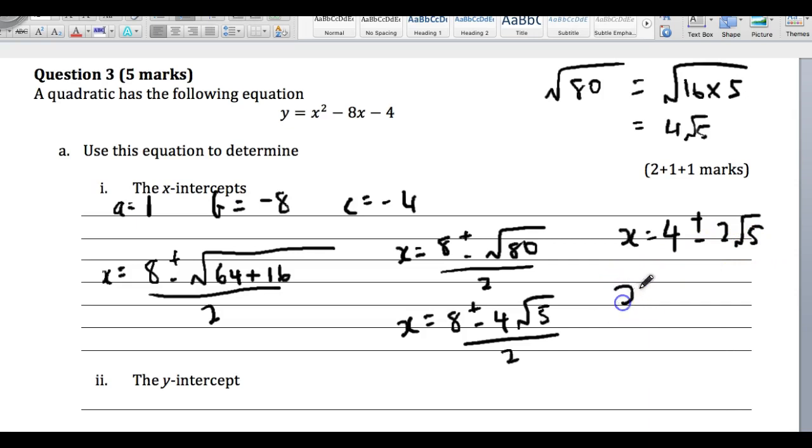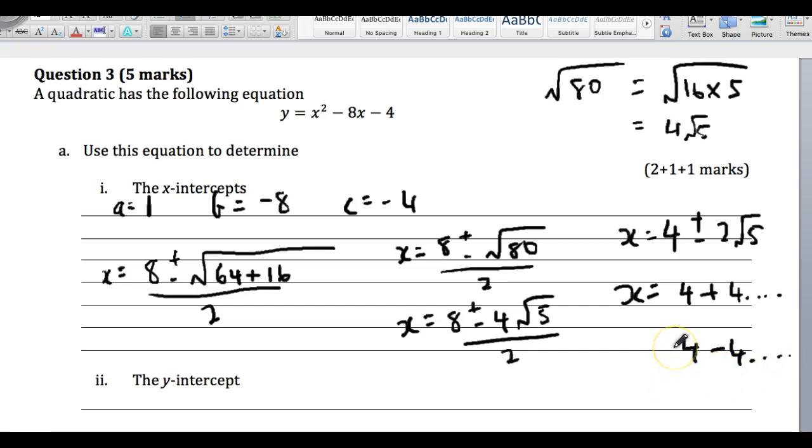So your values of x are going to be 4 plus, let's say, 2 times the square root of 5 is 2 point something. So 2 times 2 point something is going to be 4 point something, and then we're going to have 4 minus 4 something.